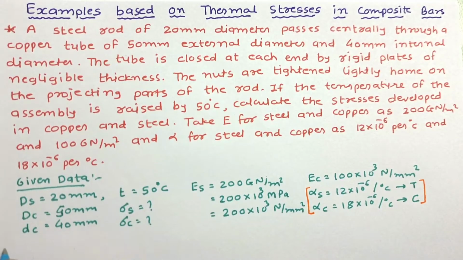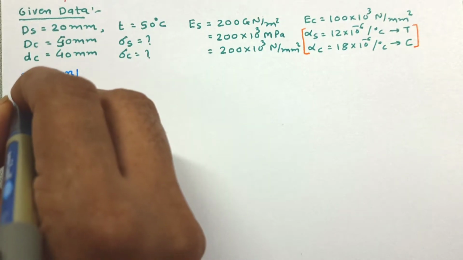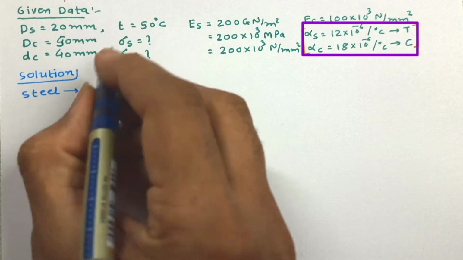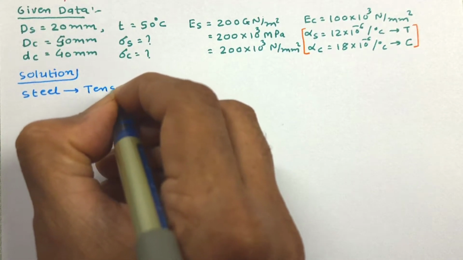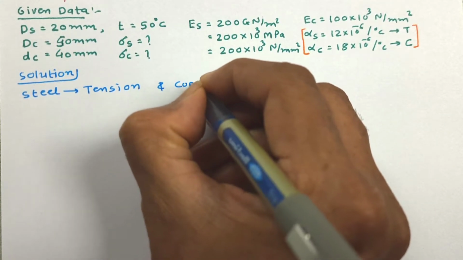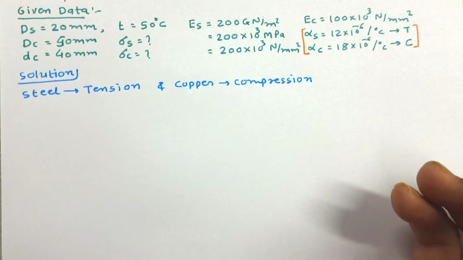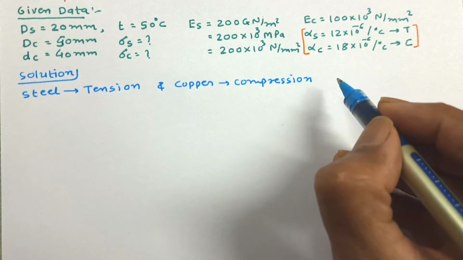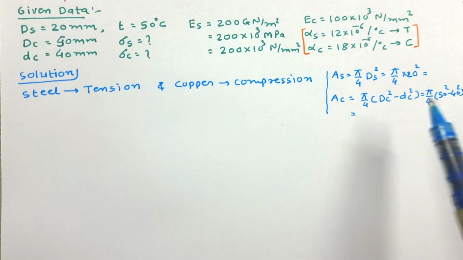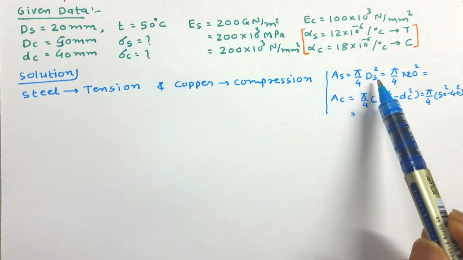So let us try to solve the problem. We know that steel is subjected to tension and copper is subjected to compression. First of all, it is very important to determine the area of both bars. So let us work out the cross-sectional area. Steel is a solid bar, so its area will be pi by 4 d square.